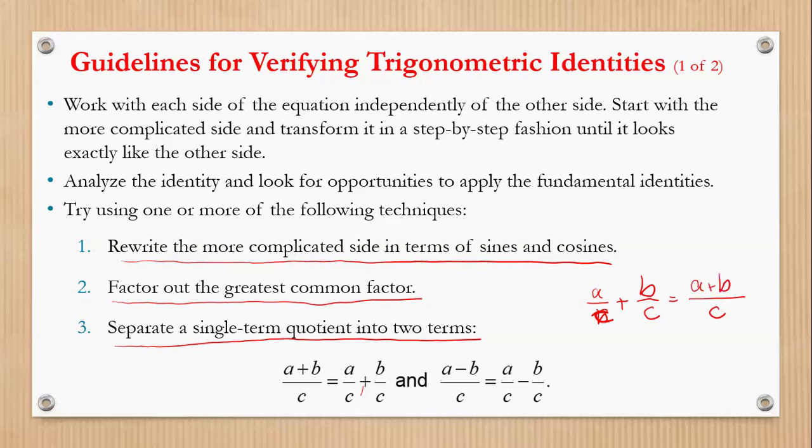Sometimes you have terms adding or subtracting on top of one single term at the bottom, and to simplify, maybe you need to go back to the separate fractions, and instead of keeping these, just rewrite it as a over c plus b over c, and you will see in the examples.